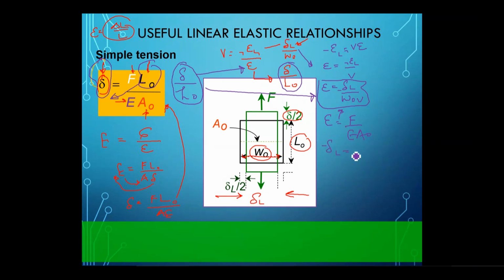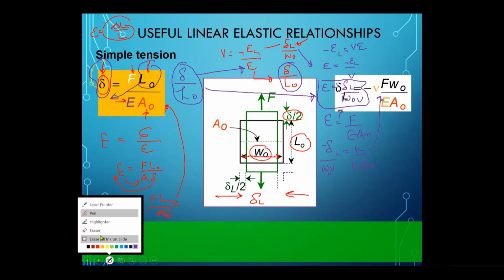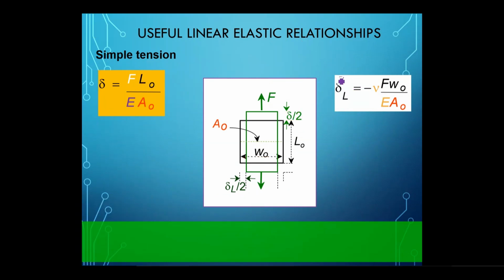Minus lateral strain over W naught V is F over E A naught, and you can replace it with this expression over here, which says that your lateral strain is basically dependent upon the Poisson's ratio, the width of the sample, force, E and A naught. Is this clear to you guys?